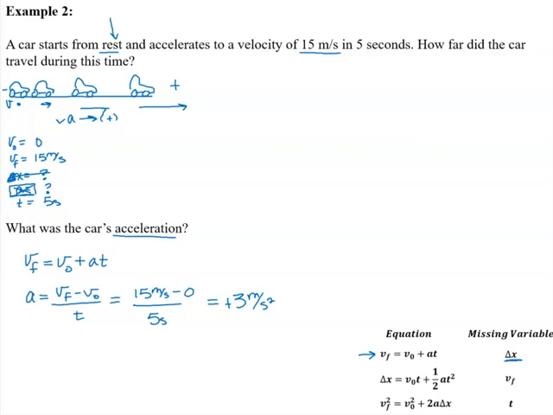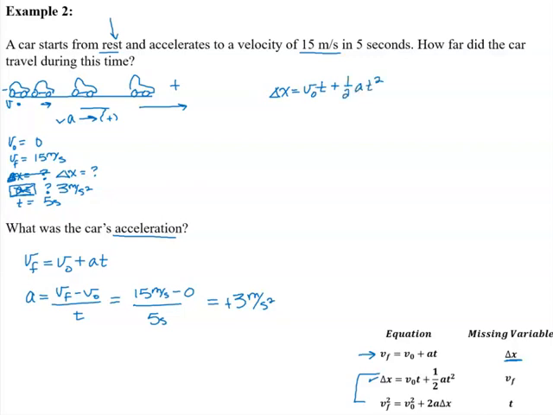So now we know our acceleration is 3 meters per second squared. Now I have enough information to solve for my displacement. Now I can use either of these equations that have displacement. Generally, I'm going to use this one because it's already solved for delta x, and I don't have to manipulate it. So delta x equals v naught t plus 1/2 a t squared.